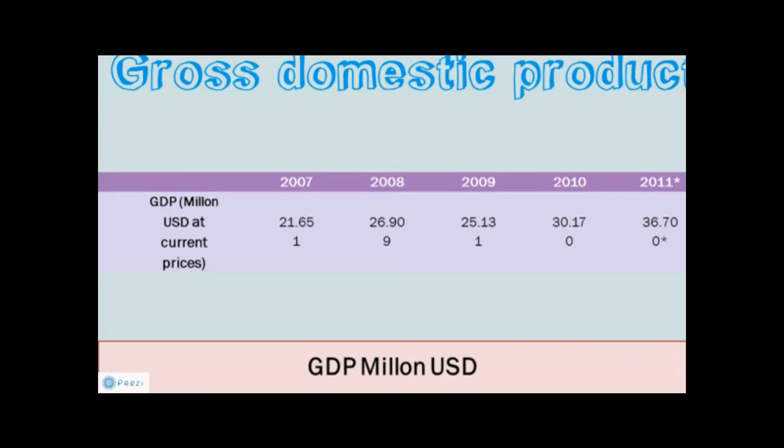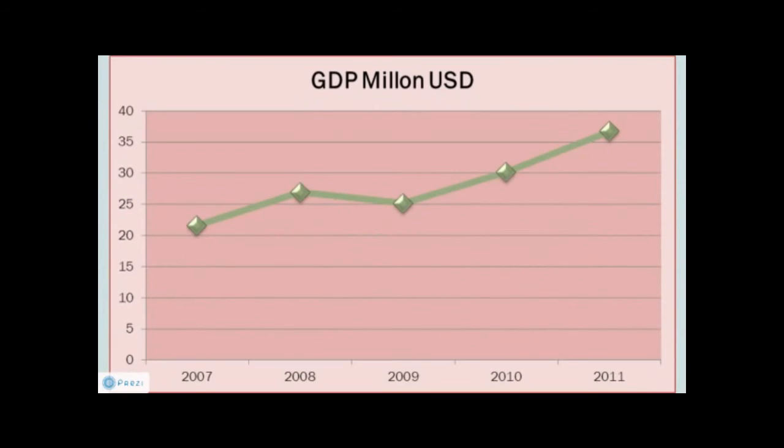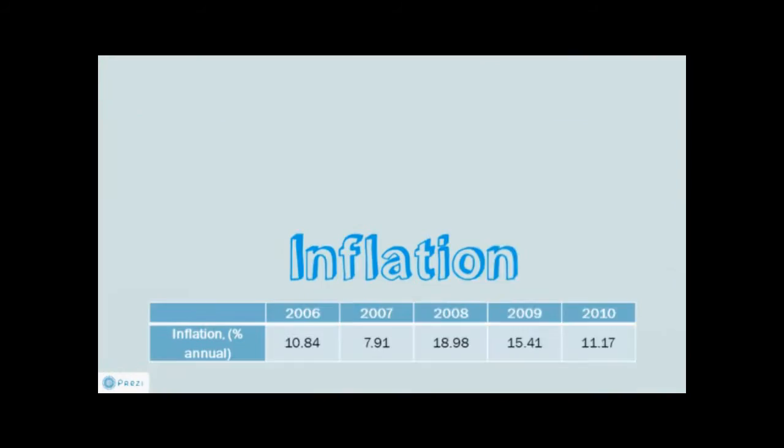$25.131 million, and in 2010 was $30.70 million, and is expected to be in 2011 $36.7 million, but according to the newspaper Yemen Times, there has been a loss of approximately 31% of the GDP due to the outbreak of political and social problems since late January of 2011.